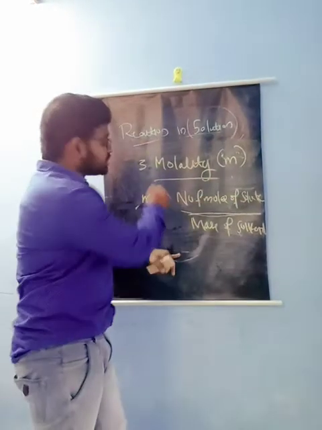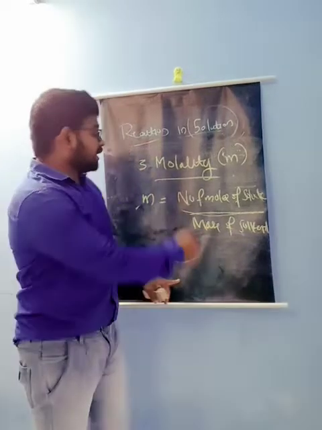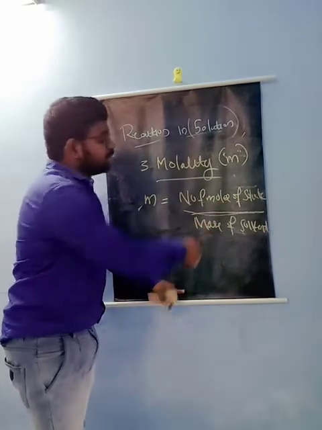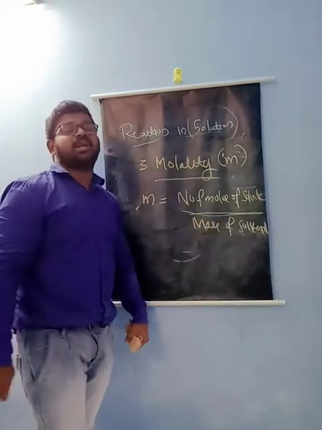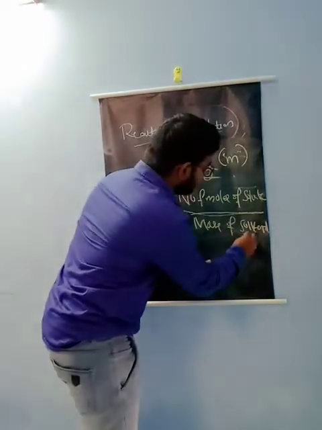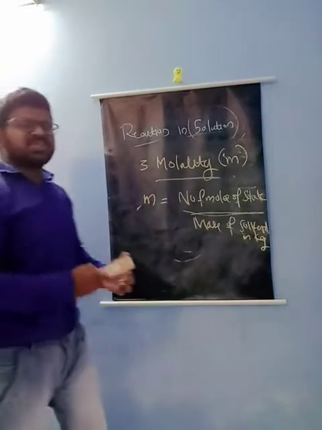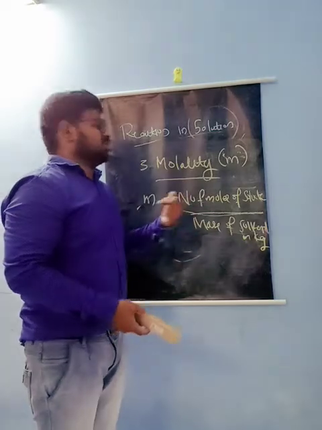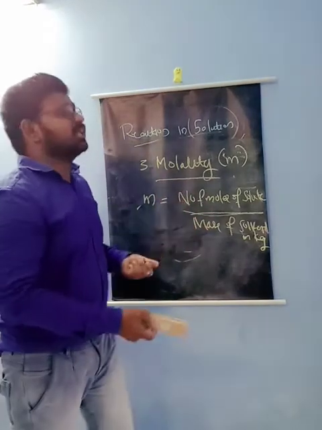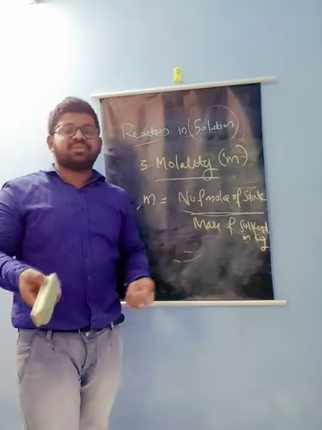But molality is the number of moles of solute divided by mass of solvent in kilogram. Mostly we use the term molarity widely to determine the concentration of a solution.